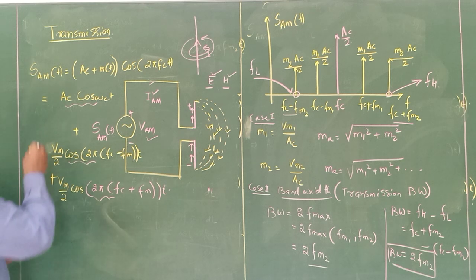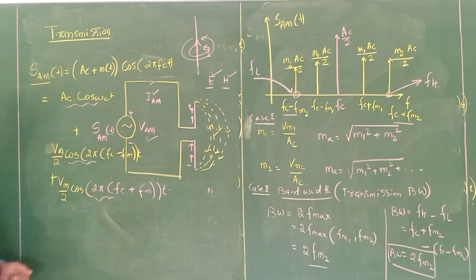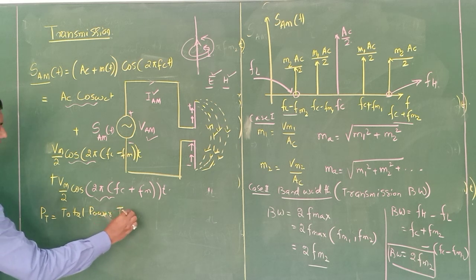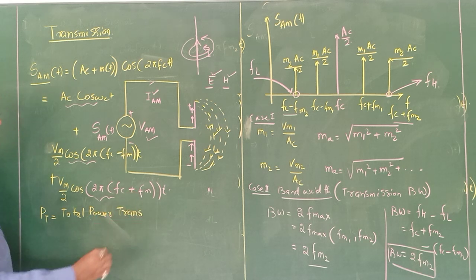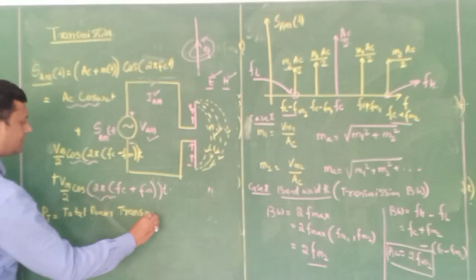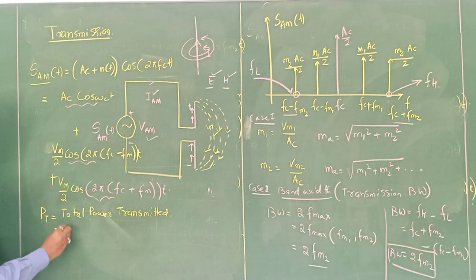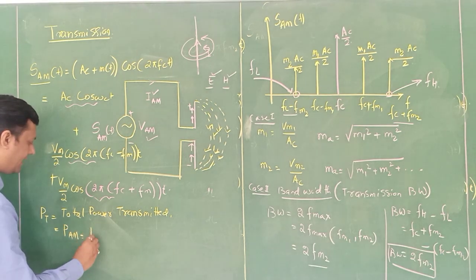Now when I am going to transmit this AM signal, my total power PT is called the total power transmitted. So what am I transmitting? I am transmitting the AM signal. So here I can write it is the power available in AM, PT is equal to PAM. But what things are available in AM? Carrier is there, as well as two sidebands. So what will I write?